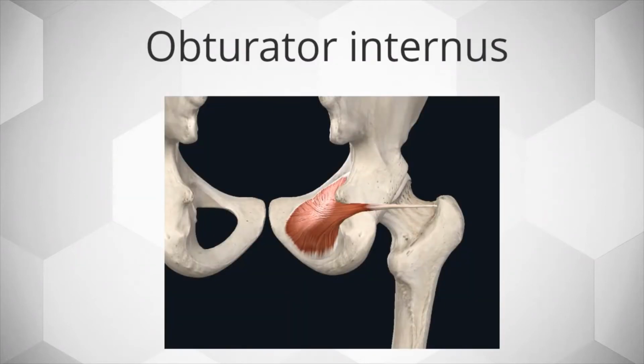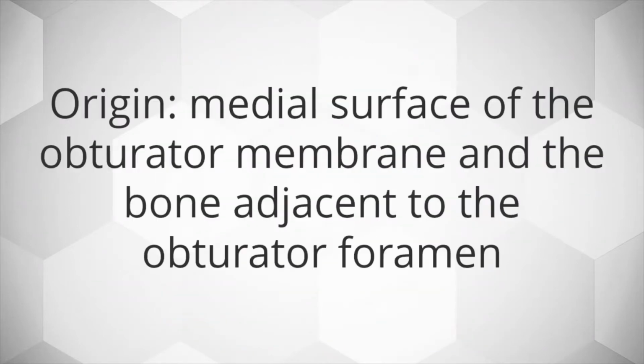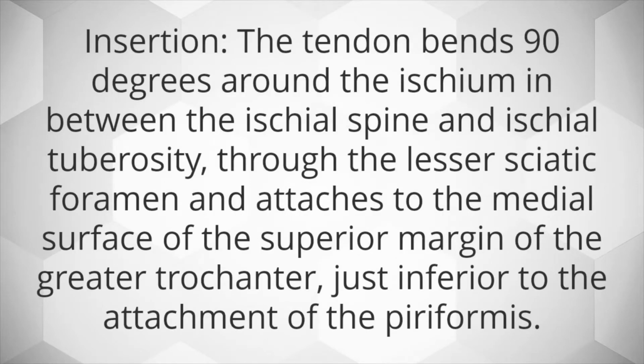Let's talk about the obturator internus next. It is also a muscle of the pelvic wall and the gluteal region. The origin of the obturator internus is the medial surface of the obturator membrane and the bone adjacent to the obturator foramen. Its insertion is also to the greater trochanter.